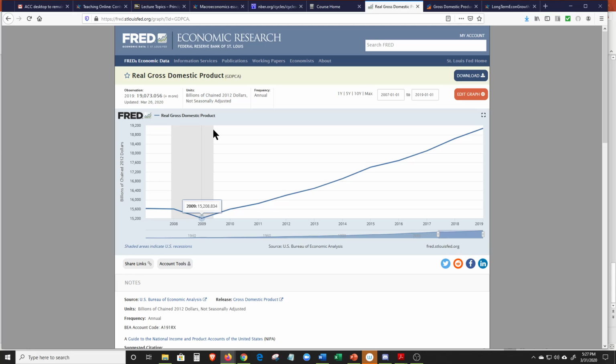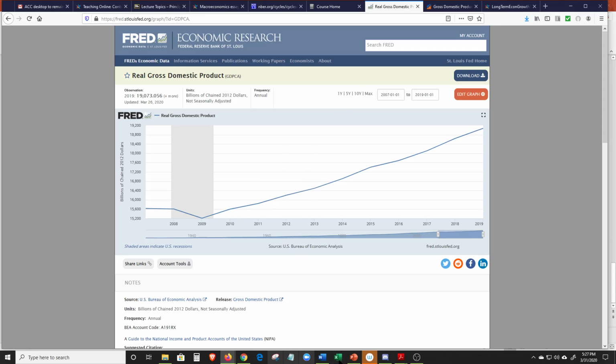Can't get there. So if this was 15,605, let's see where we get. It looks like real GDP actually got there within a year. By 2011, it was a little higher. We'd have to look at the data instead of the graph.